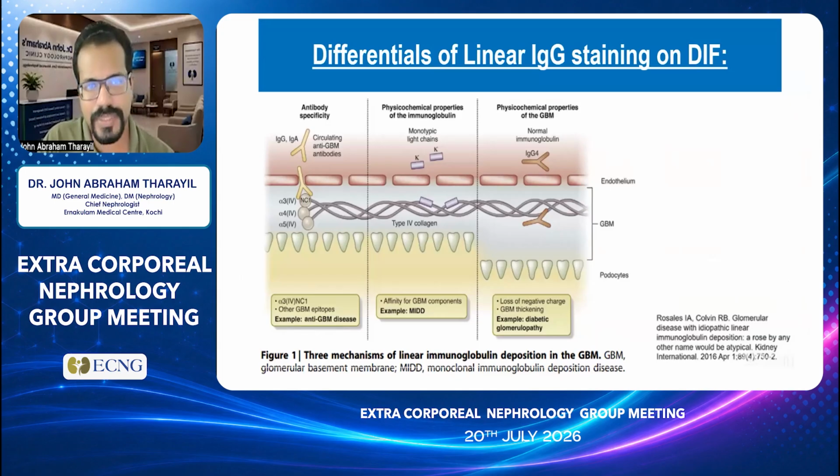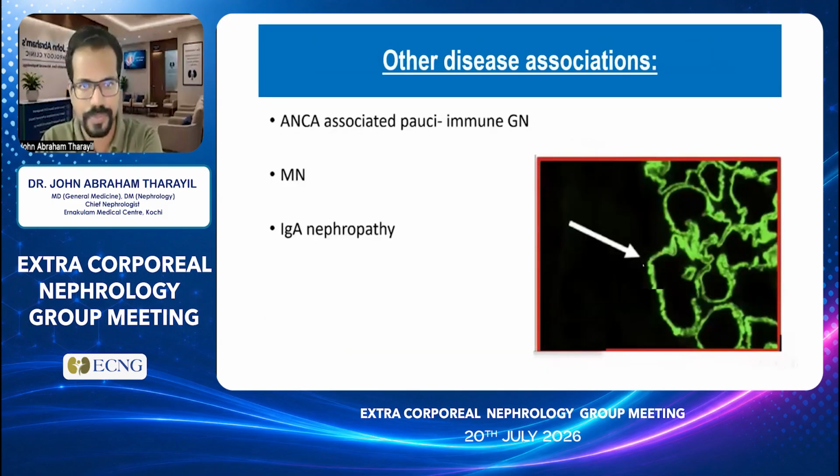So what are the differentials of linear IgG staining on direct immunofluorescence? You can have a monoclonal immunoglobulin deposition disease, MIDD, with light chains having affinity for GBM components. In diabetic glomerulopathy, you can have a GBM thickening and loss of negative charge. So these are other causes of linear IgG staining other than anti-GBM disease.